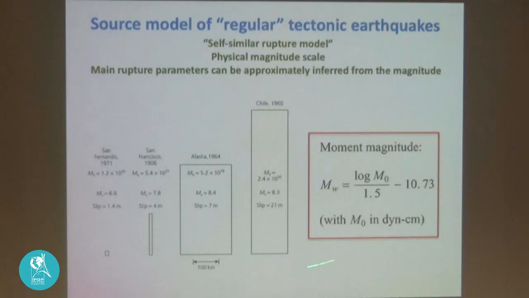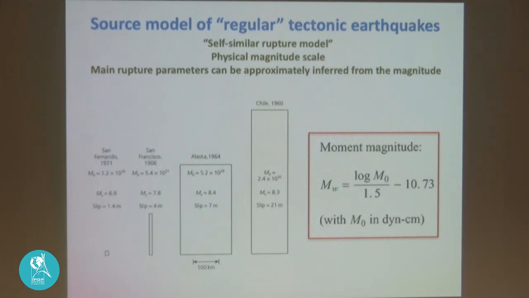Okay, so this is something very powerful, because with this simple mathematical description and scaling law, we can have simple physical interpretation for the earthquake magnitude. So this allows us to introduce the moment magnitude scale. So the earthquake magnitude is simply related to seismic moment.